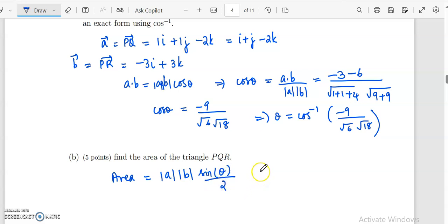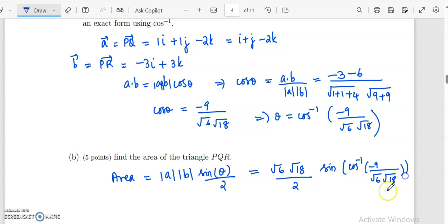So this will be the area. Now modulus of A will be root 6, modulus of B will be root 18, by 2 into sine of cos inverse of minus 9 by root 6 root 18 will come.